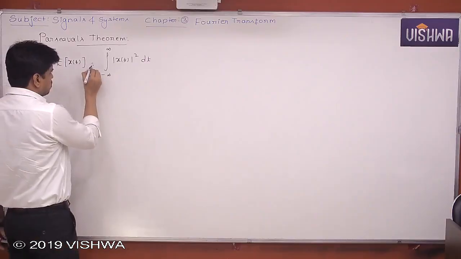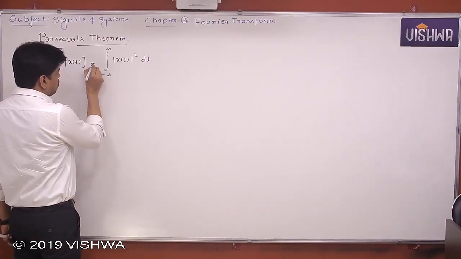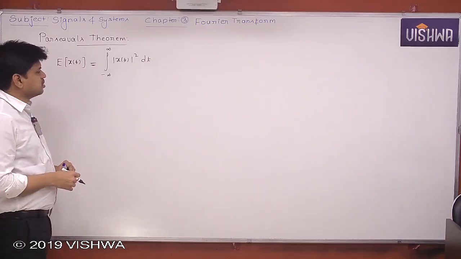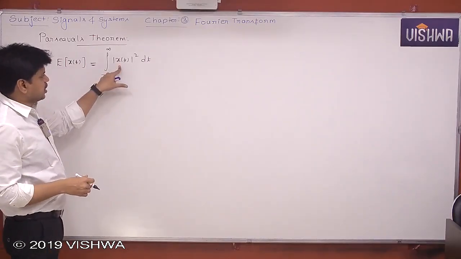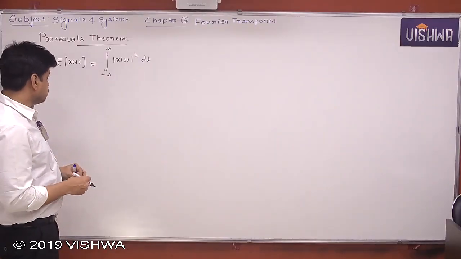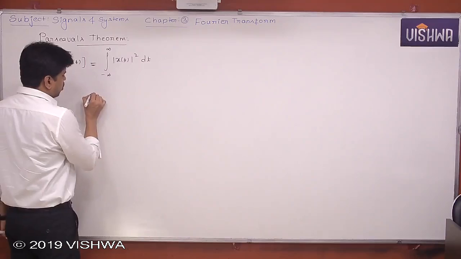But what Parseval's theorem is saying is that instead of x of t, if I know x of omega, still I can calculate the energy. Then what is the formula we have to use?